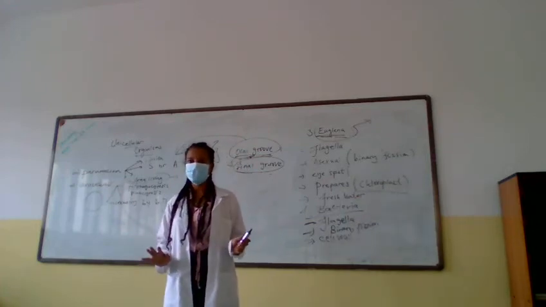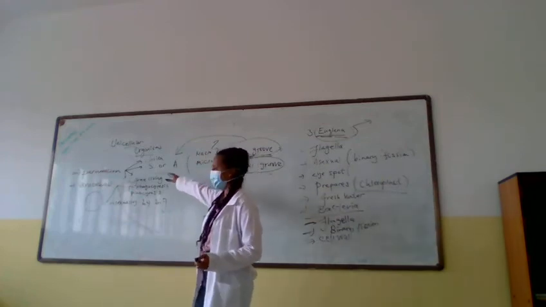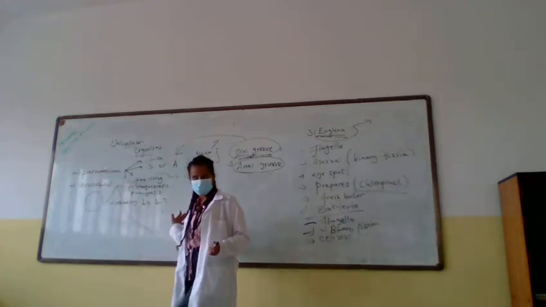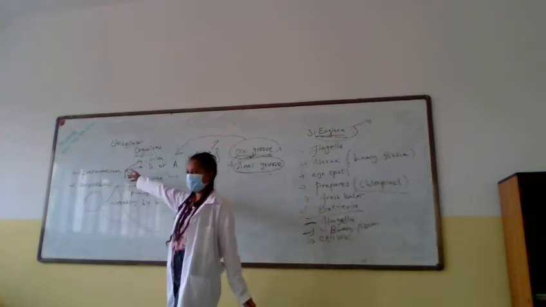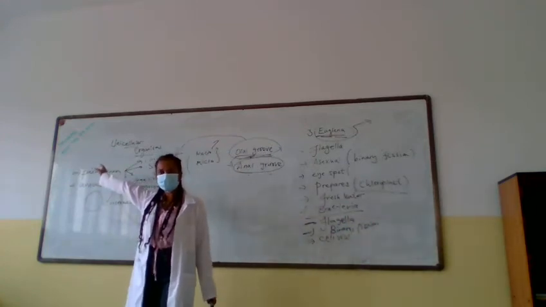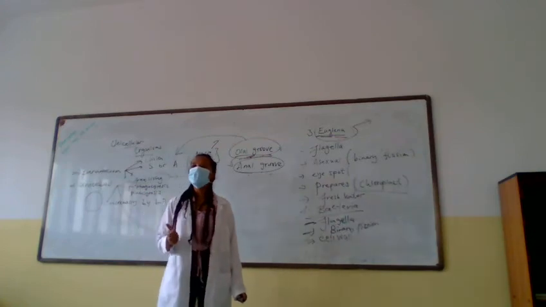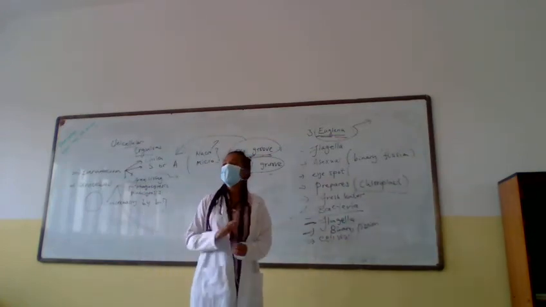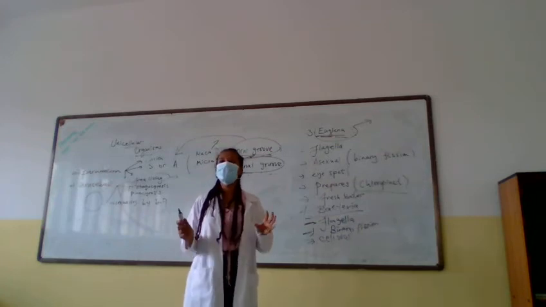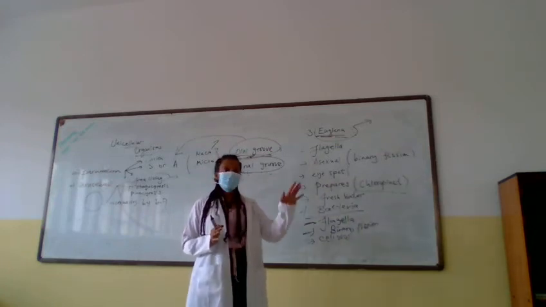But for the rest of them, do they have nucleus? Yes, they have. Even this one, it has two, macro and micro nucleus. The rest of them contain nucleus. But bacteria don't have a defined nucleus, rather they only have nuclear material.